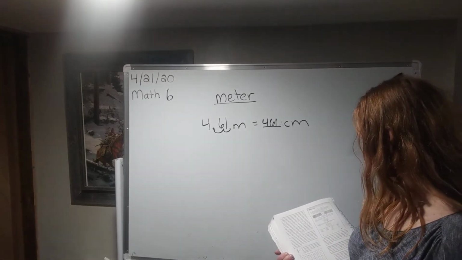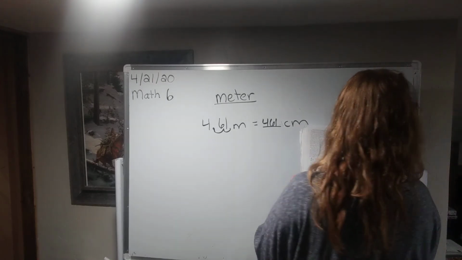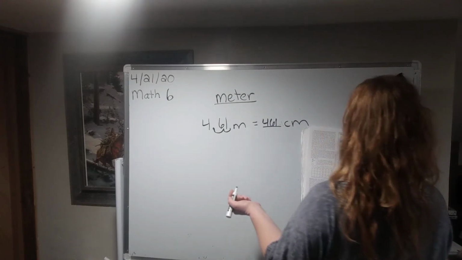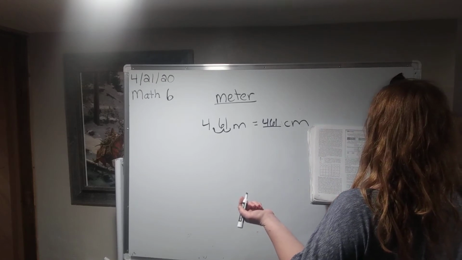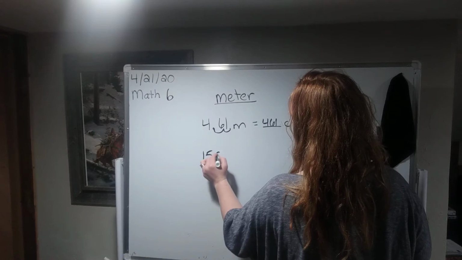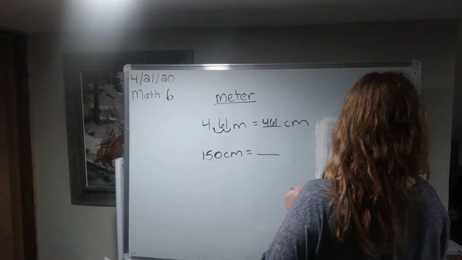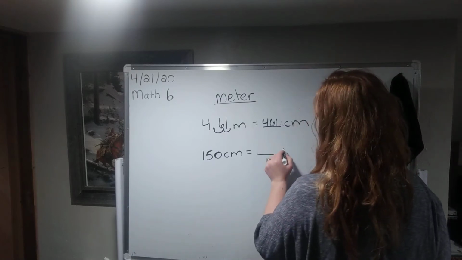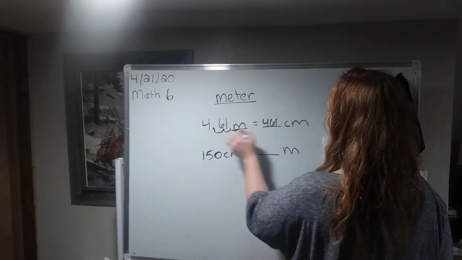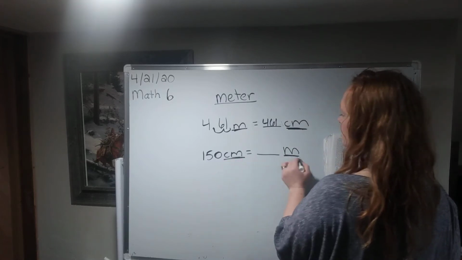Let's do another one. Roberta drew a line on the wall to mark her height. She measured from the floor and found that she is 150 centimeters tall. How many meters tall is she? Notice we were going from meters to centimeters, and now we're going from centimeters to meters.